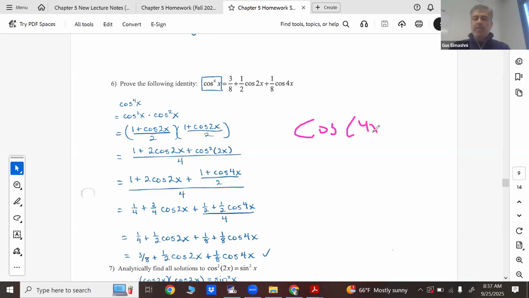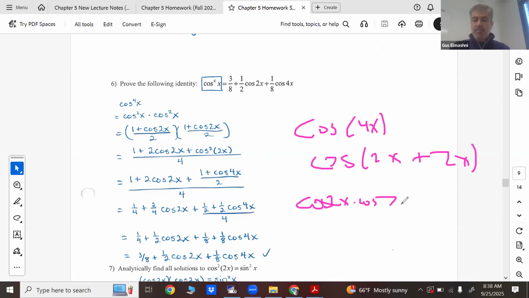So cosine 4x, that's the same thing as cos of 2x plus 2x. I'll talk about it. It's fine, because I'm going to do some notes anyway. Now, if you use the sum formula, which is going to be cos 2x times cos 2x minus sine 2x sine 2x. Does that make sense?